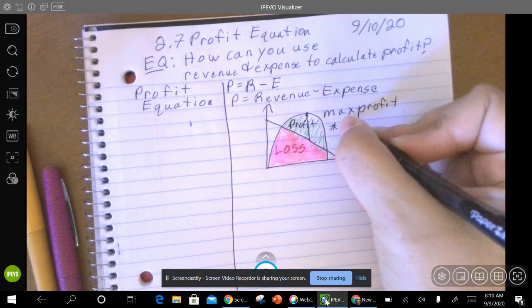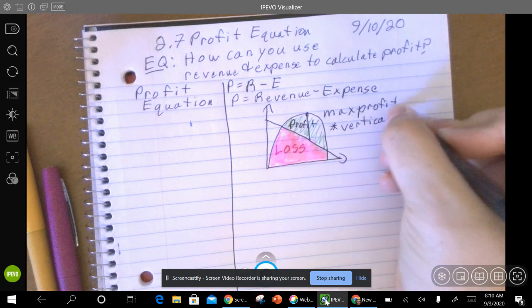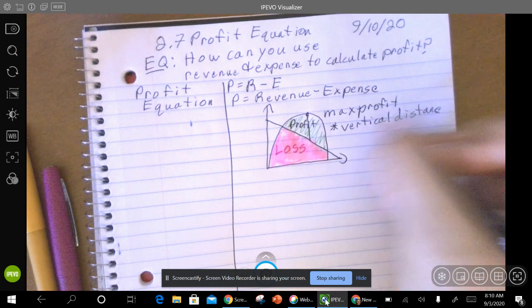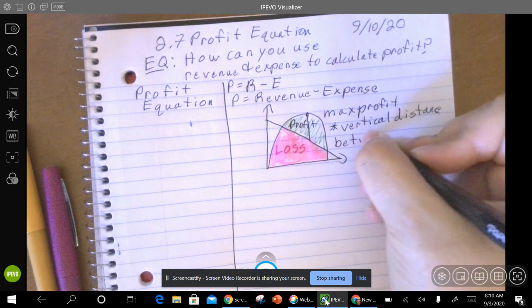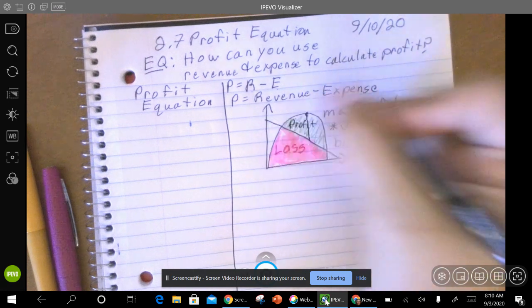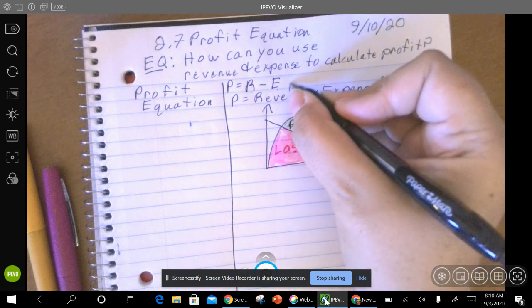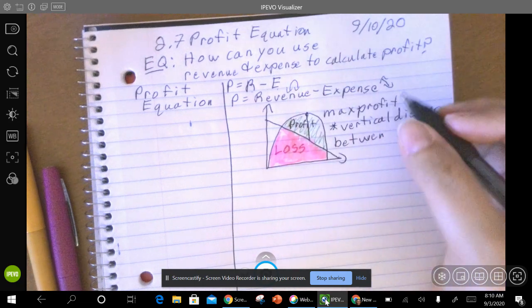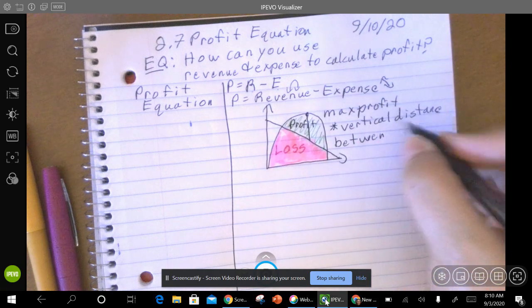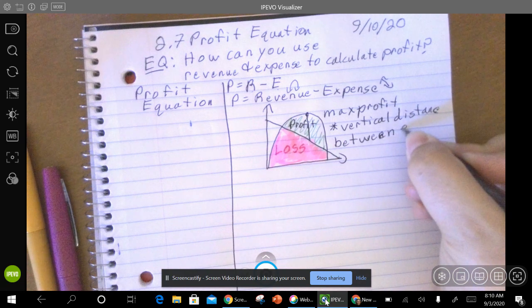So the vertical distance between the expense and revenue. Remember, expenses are a linear equation. So remember E is linear. Revenue is going to be our rainbow, our upside down parabola, as well as profit. I'm going to get to that.